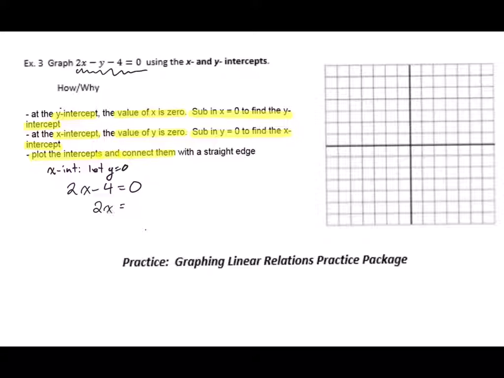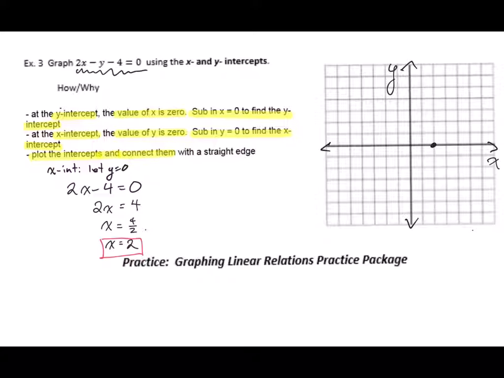We isolate 2x, so we get 2x is equal to 4, which means x is equal to 4 over 2, which means our x-intercept is 2. And we can quickly plot that on our chart here, like so.